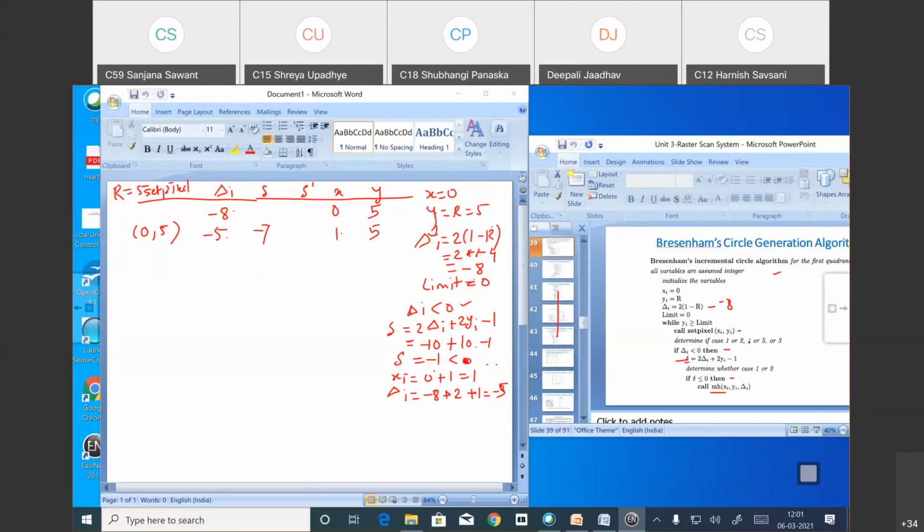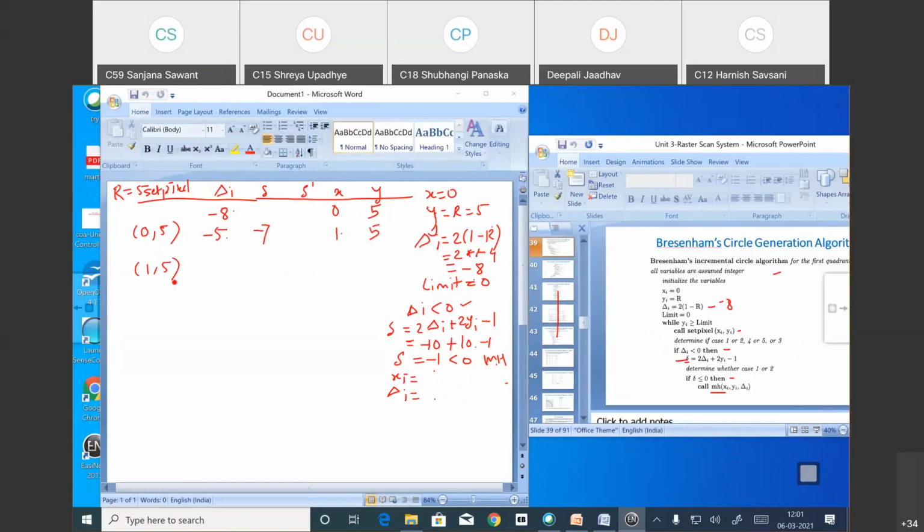When it is less than 0, we call MH. So in MH, again we increase the value by 1. So now it is 1. We increase the value of x only. First we need to plot pixel 1,5.